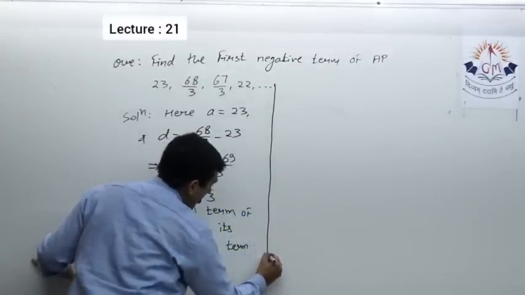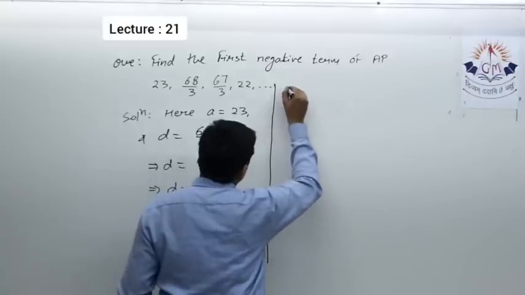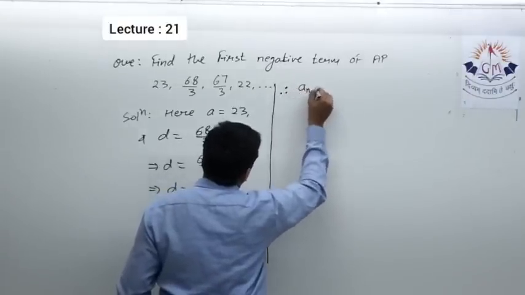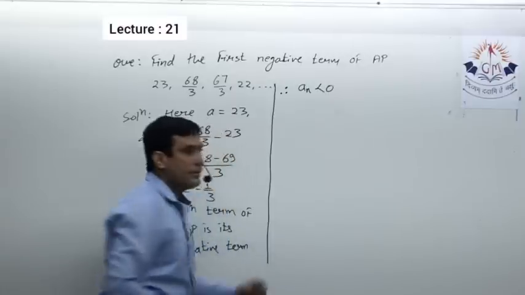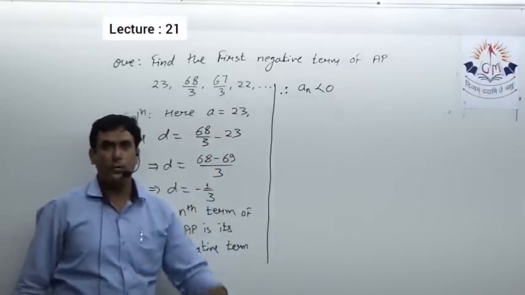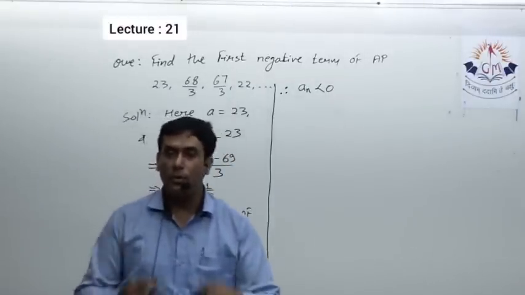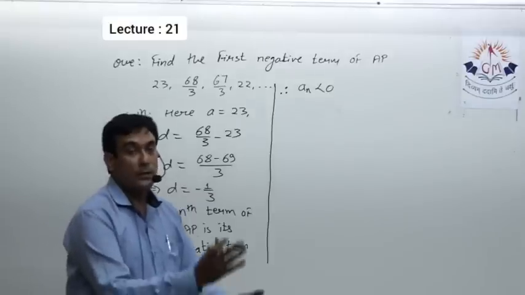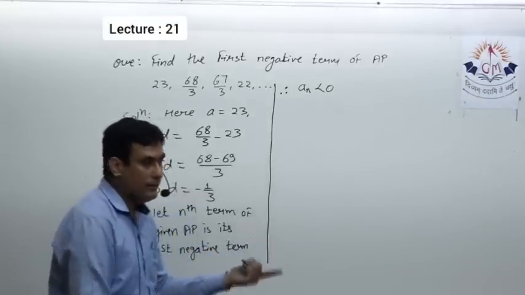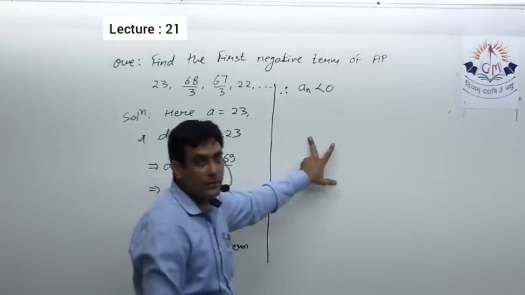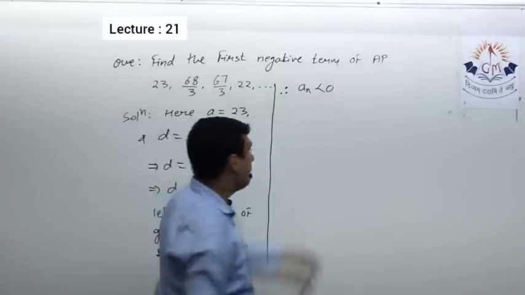Now when I say this, it means I can say therefore an is less than 0, as it is the first negative term, third term or ninth term or 11th term or 17th term, whatever, its value will be definitely negative. That means an will be less than 0.